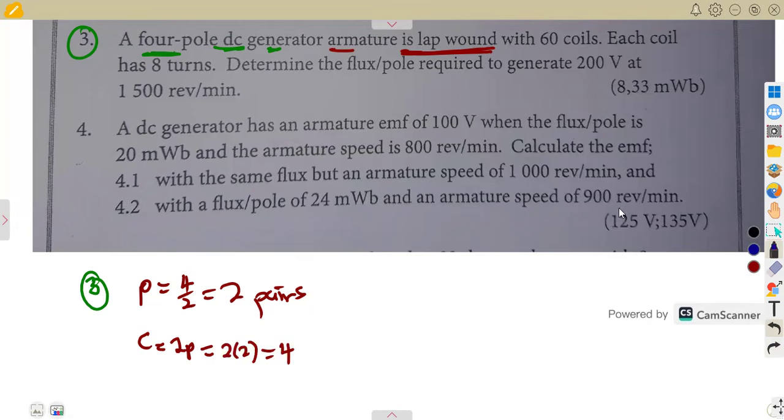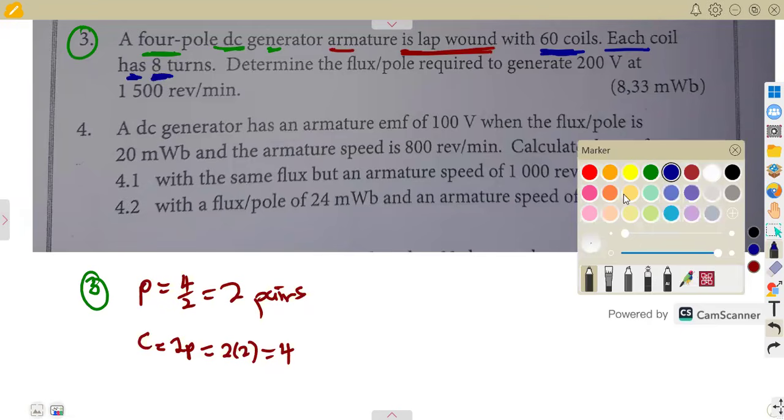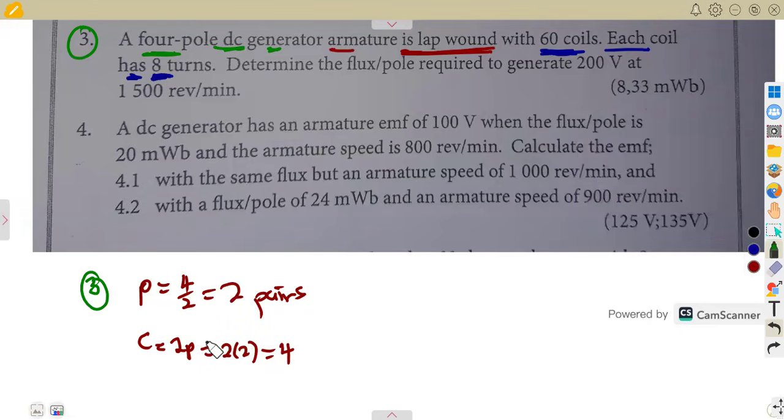So let's see what you're given. In this case, you're given 60 coils, and each coil has 8 turns. So take note, we are given 60 coils and each has 8 turns, meaning we are going to obtain the number of conductors from there, which is our Z. How are we going to determine the number of conductors?